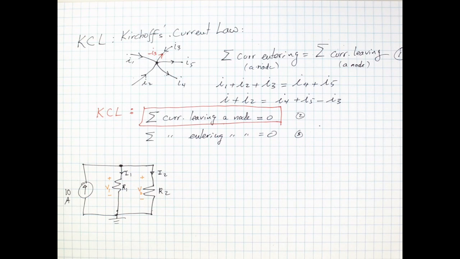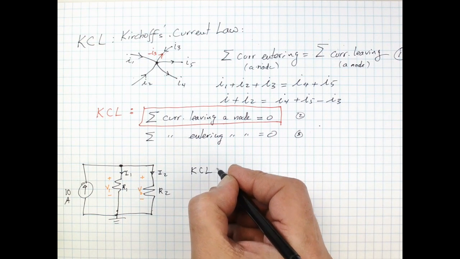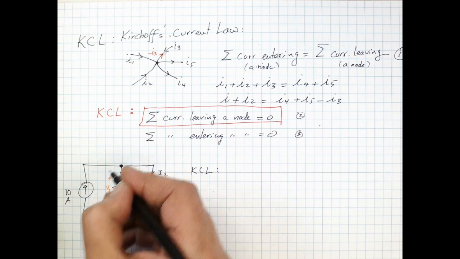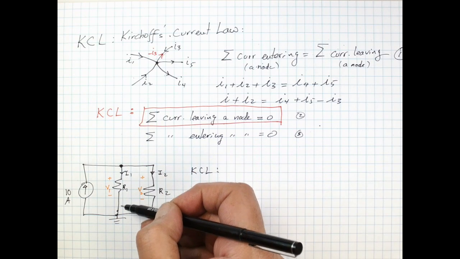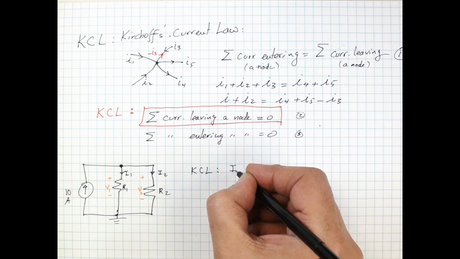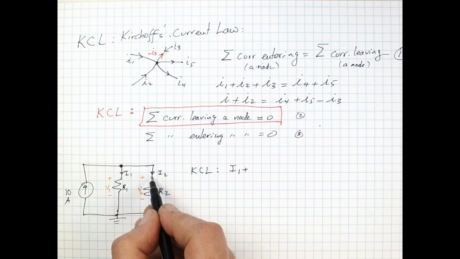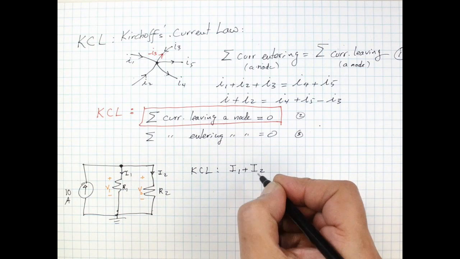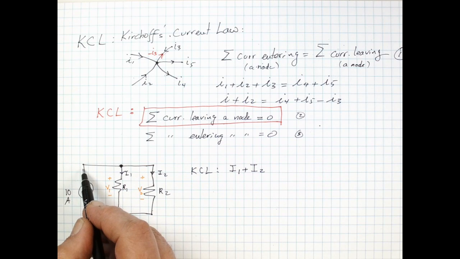The sum of the currents leaving the node is equal to 0. So let's apply KCL. I'm going to look at this top node and use KCL. The sum of the currents leaving the node is equal to 0. Now the current I1 is leaving the node, so I'm going to say I1, plus this I2 is also leaving that node, and then this 10 amps is actually entering the node.